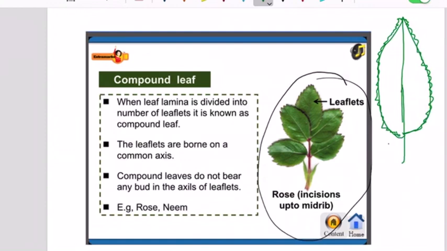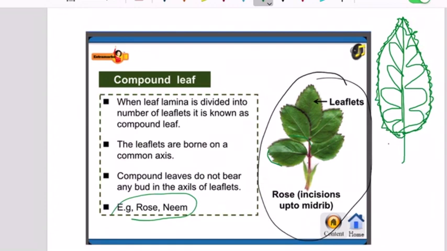These cuts went and reached the vein, the midrib or the petiole of the leaf, and hence each cut has become a single leaf. Like in rose, in neem, all these plants.